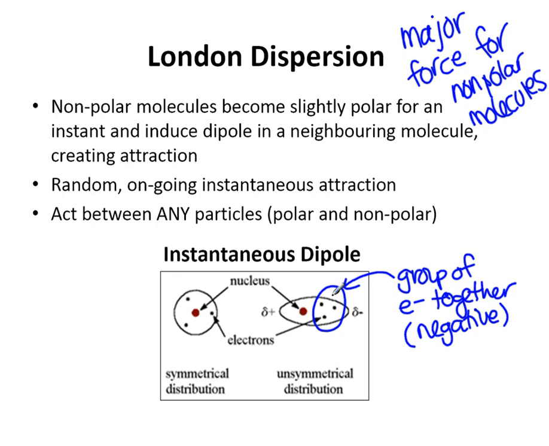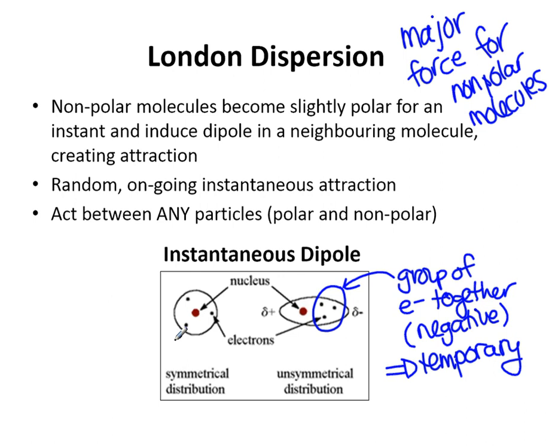It temporarily creates a negative end to the molecule and a positive end to the other. But remember, this is temporary. So at one particular instant, it could all group there, and then the next instant, the electrons would go back and be evenly distributed.